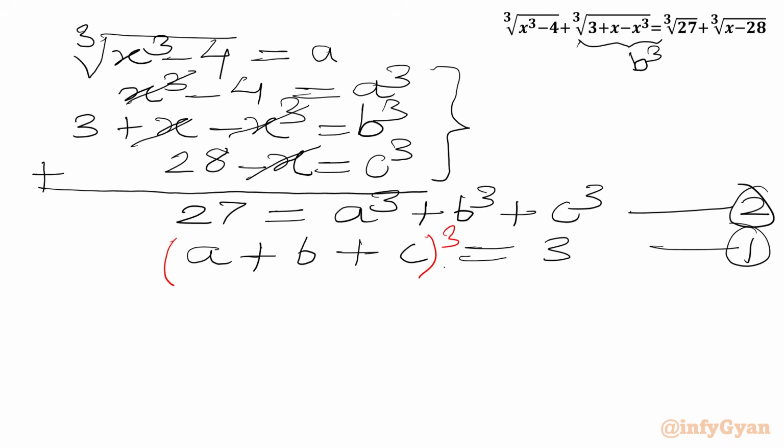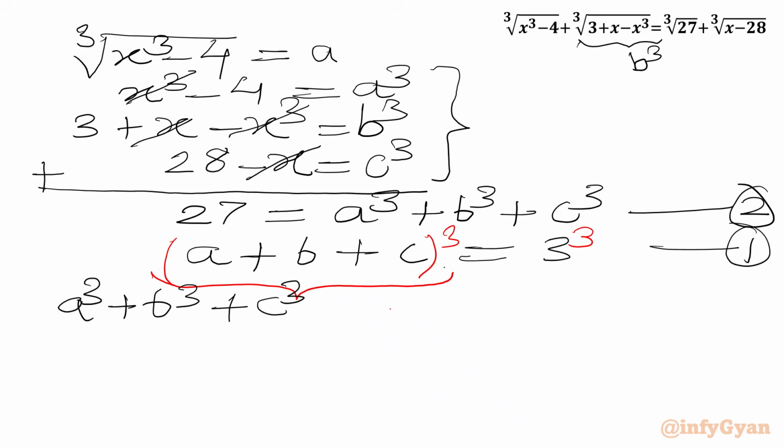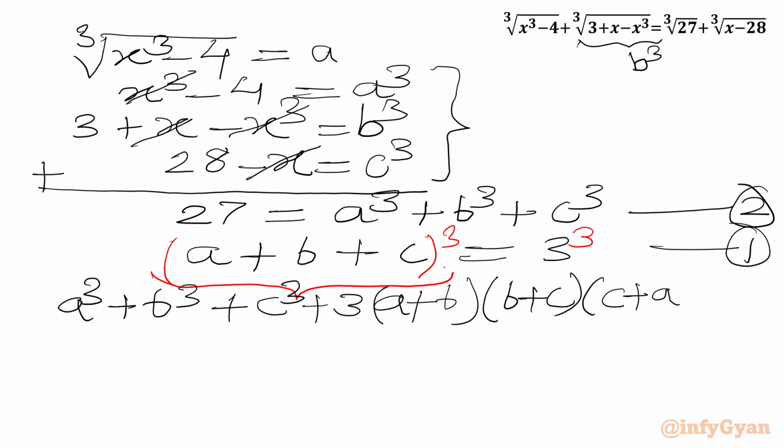So we'll write here power 3, power 3. Now we'll use the a plus b plus c whole cube identity, which we can write as a cube plus b cube plus c cube plus 3 times a plus b times b plus c times c plus a, and RHS is 3 cube, which we write as 27.